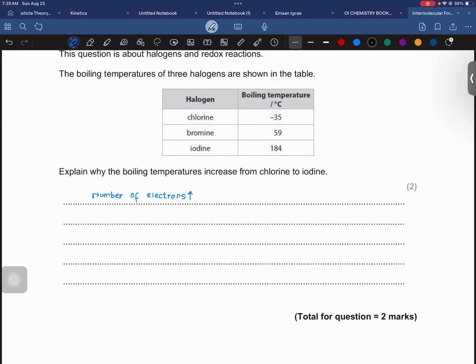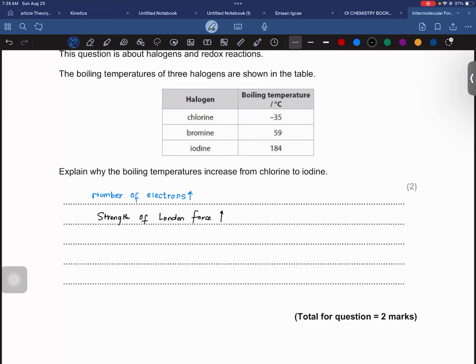If the number of electrons increases, I can say that the strength of London force increases.